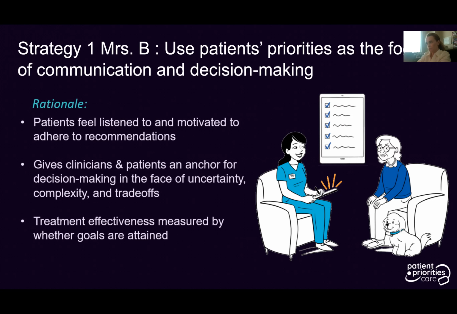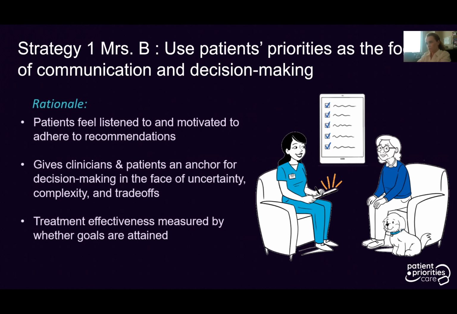So these are all the rationales for why you want to use patient priorities as the basis for your decision-making rather than diseases. Some people might say, well, diseases are what evidence is based on. I think the rationale here is, yes, that's true when it's only one condition, but now we've got multiple conditions. The evidence around these guidelines really does not apply as well.